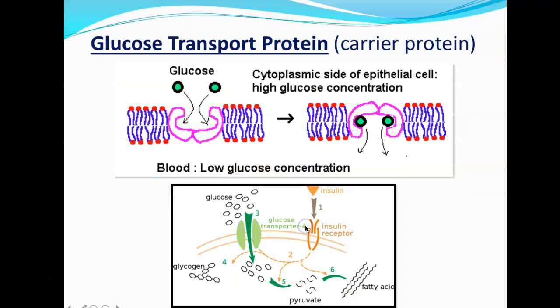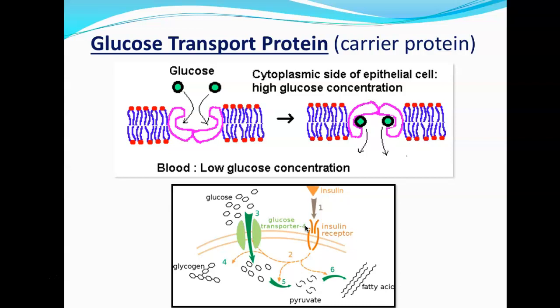All right. A carrier protein. So a carrier protein is going to have a conformational shape change. So what makes a carrier protein different from an aquaporin is that a carrier protein is usually going to help something that is much larger, like glucose and other sugars.